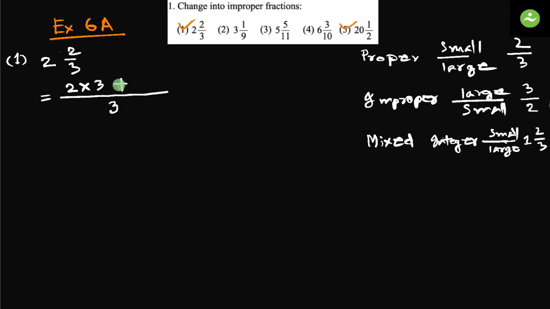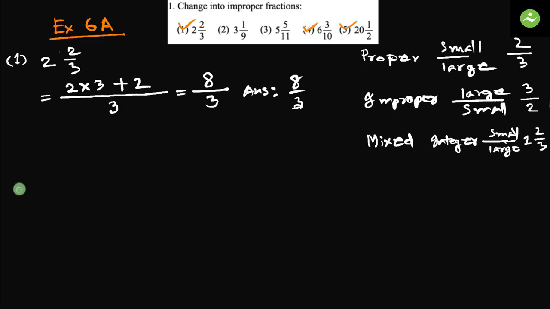Then add the numerator, 2. That equals 3 into 2, 6, plus 2, 8. So 8 by 3 is the answer. Is this an improper fraction? Yes, because 8 is larger than 3.